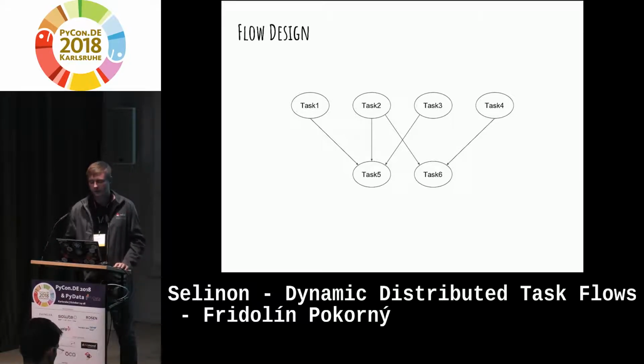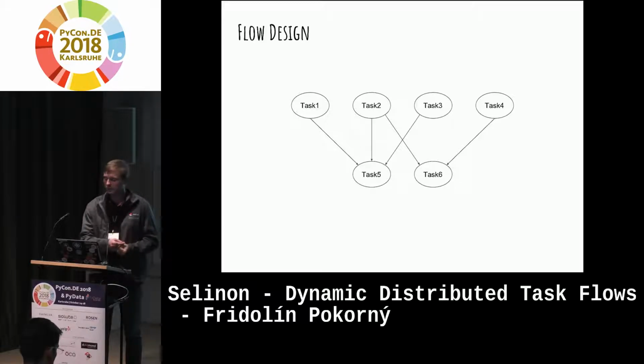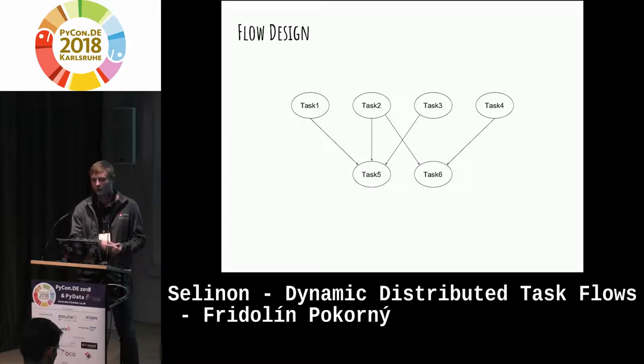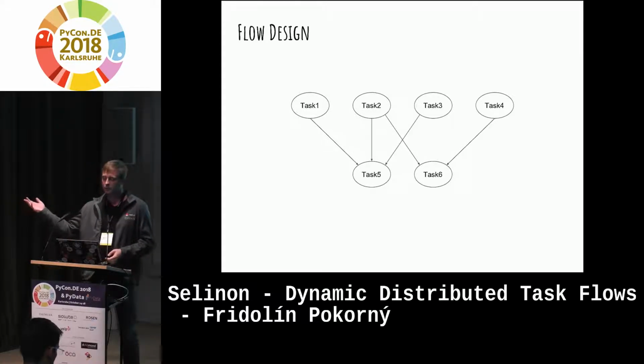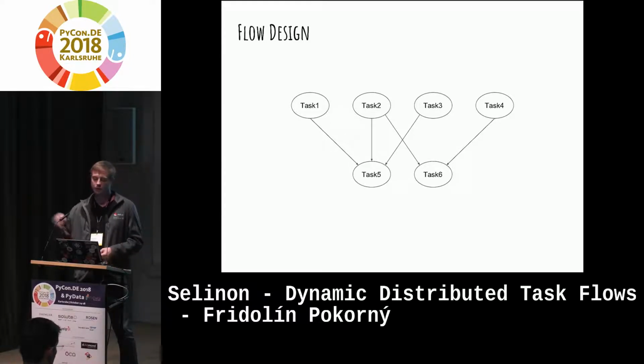In this example, we have task 1 to task 6, and there are dependencies between them. These dependencies could be either data dependencies, so in order to execute task 5, you need, for example, results of task 1 being available, or you can have some time dependencies, meaning you are relying on some remote REST API, and you need to first query that REST API in order to proceed, because there is some background work going on.